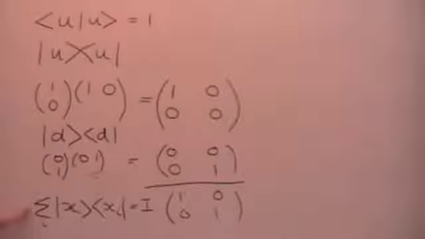So in this case you would only need to go from i equals 1 to 2, and you add them together, you get the identity operator. And the real question is, does that work for any value of i? Well, that's what we're about to test.